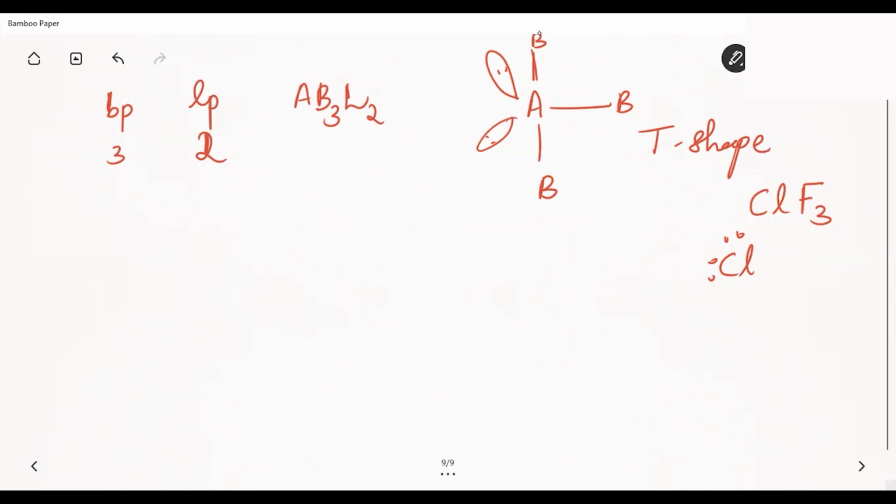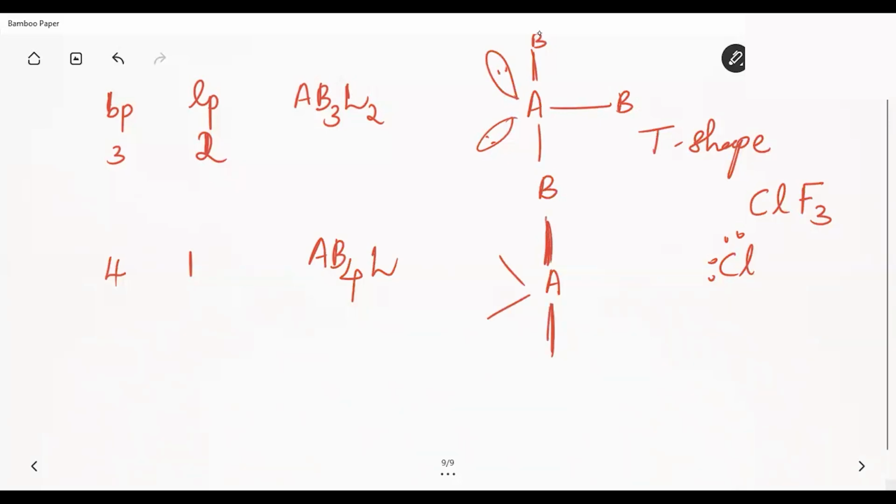Now let us consider 4 bond pairs and 1 lone pair, AB4L. So how will you arrange those 4 bond pairs? A here, 1, 2, 3, 4. Have you seen this in the parks?